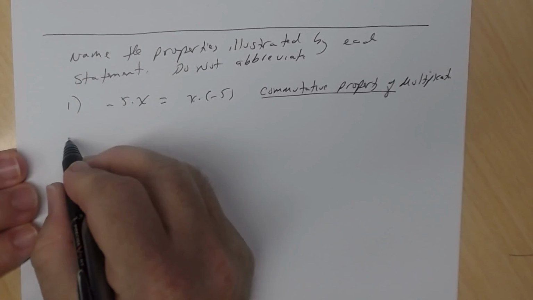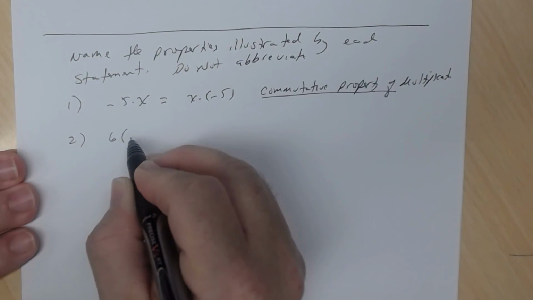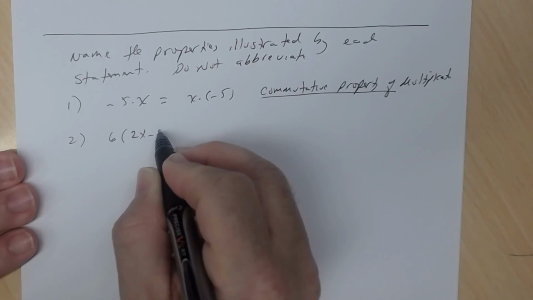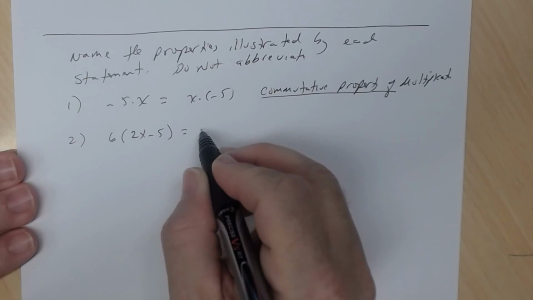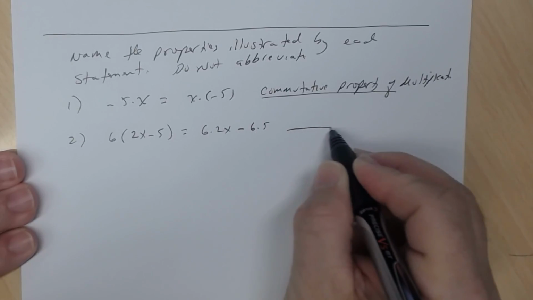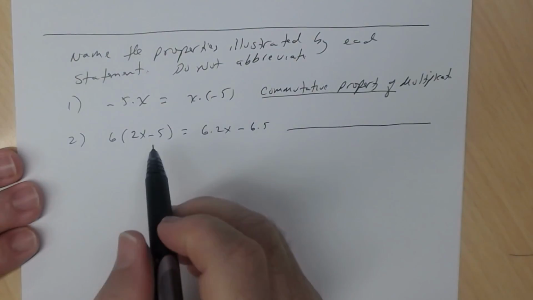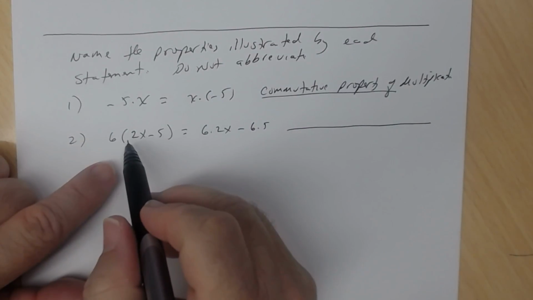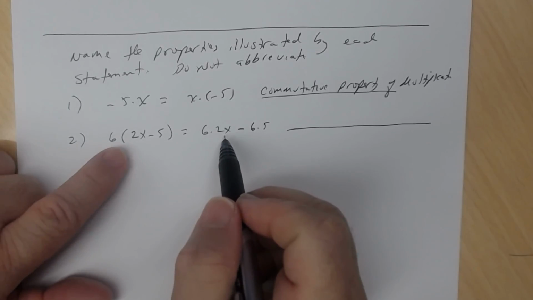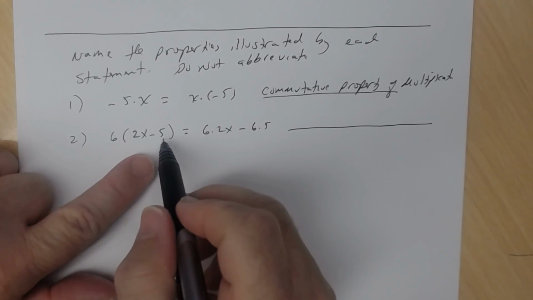All right, now what about this one? Suppose I had 6 times 2x minus 5, and I'm telling you that's going to equal 6 times 2x minus 6 times 5. So remember what that's called? Look at the right-hand side. 6 times 2x, and then minus 6 times 5.